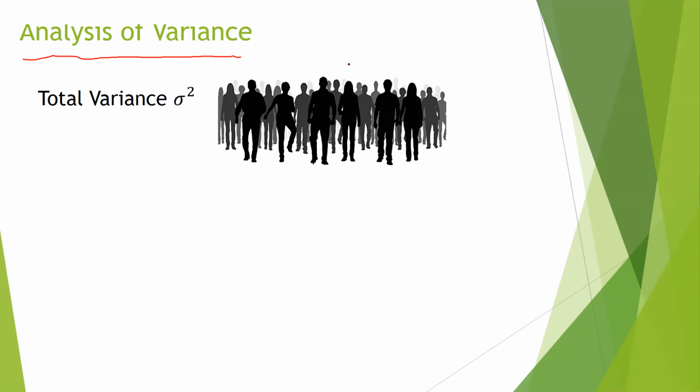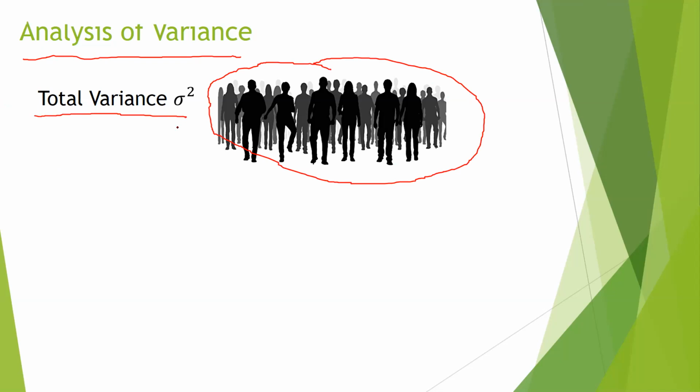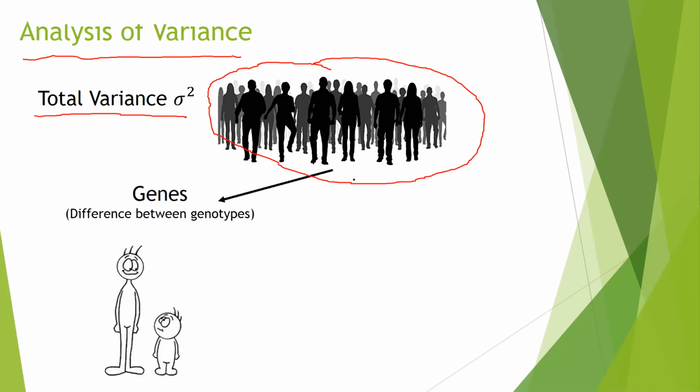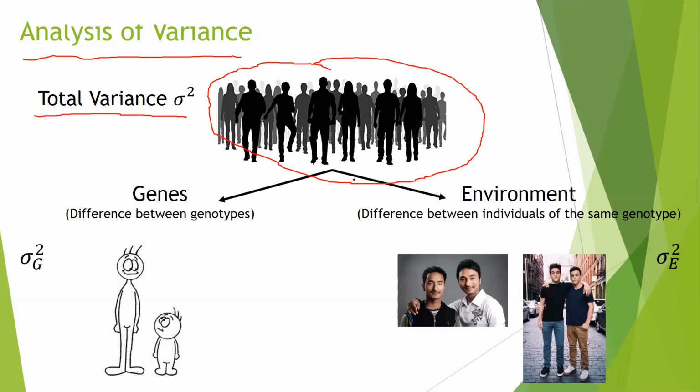So what is this? Suppose we are interested in the entire population, and we want to estimate the variance of the human heights. All right. We can easily estimate the total variance of the heights, and this variance actually can be decomposed into two parts.